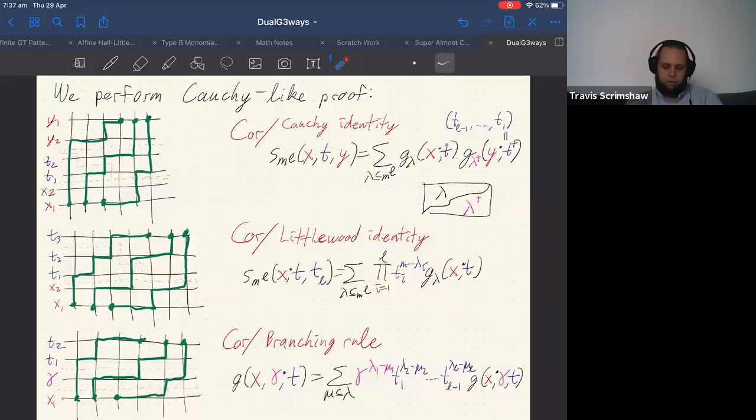But again, we're summing over all dual Grothendieck polynomials that fit inside of an m by L rectangle.